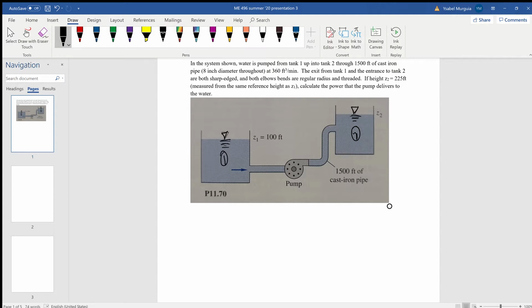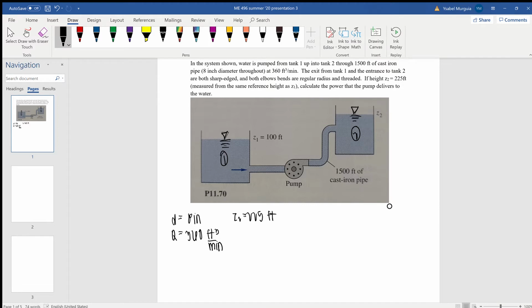So what I get out of this problem statement is that my diameter of the pipe is 8 inches. My flow rate is 360 feet cubed per minute. And my height, Z2, is 225 feet.